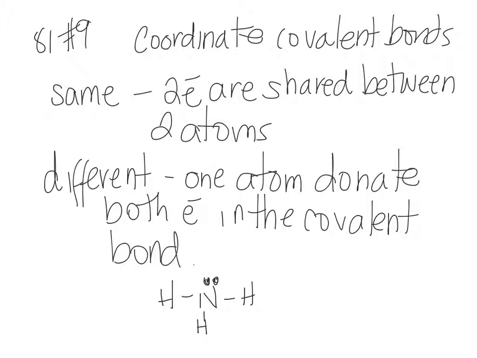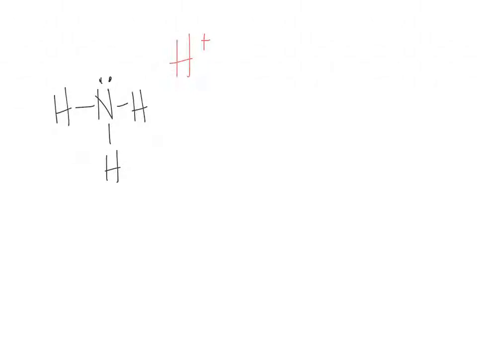That is NH3. So ammonia has a lone pair of electrons, 3 bonded hydrogens because it's got a bonding capacity of 3, but it can form coordinate covalent bonds. H plus means a hydrogen atom that has lost its electron, has one electron.